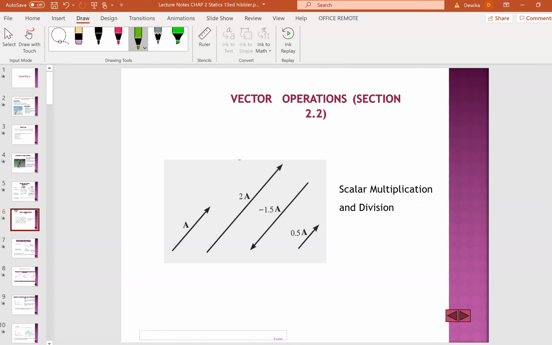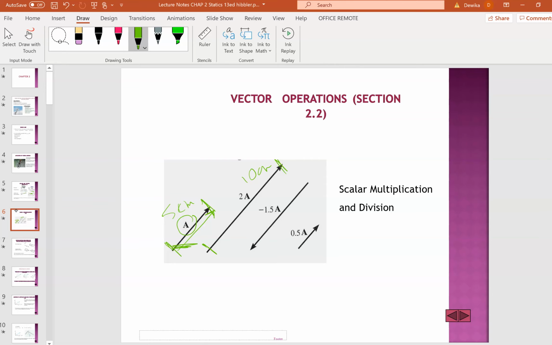Look at vector. It's very unique. A vector is represented by an arrow and its direction. If this is A with a length of, let's say, 5 cm, then 2A will have a length of 10 cm. It uses the ratio method, where the length represents the magnitude of the vector itself.